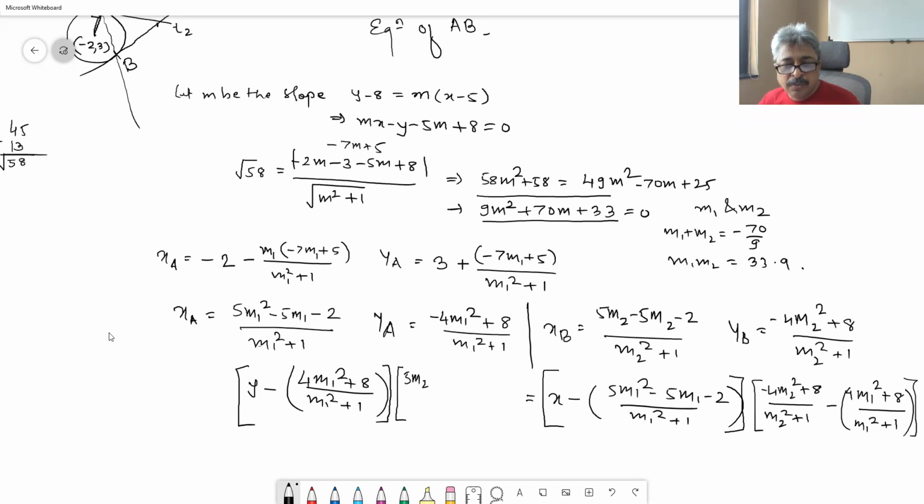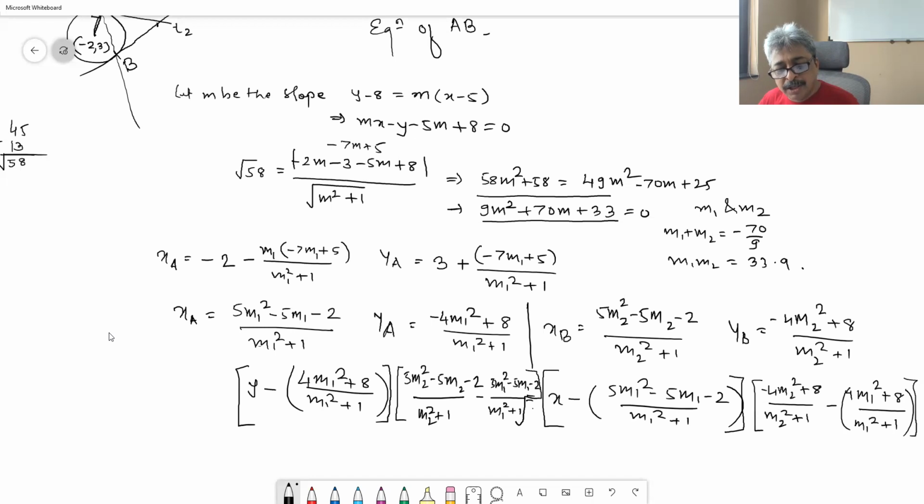That is 5m2 square minus 5m2 minus 2 upon m2 square plus 1, minus this 5m1 square minus 5m1 minus 2 upon m1 square plus 1.